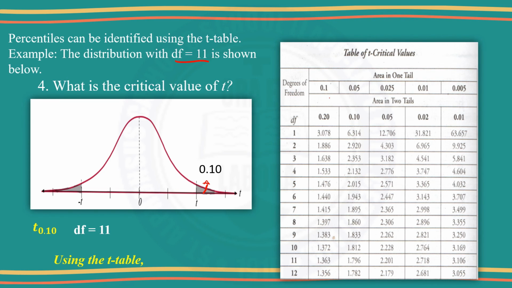Again, locate 0.10 or 0.1 as area in one tail and 11 for the DF. So we come up with 1.363 as our critical value of T sub 0.10.